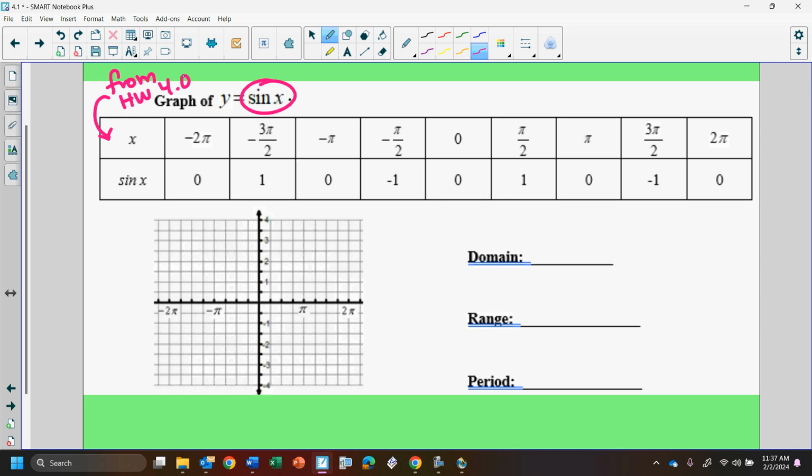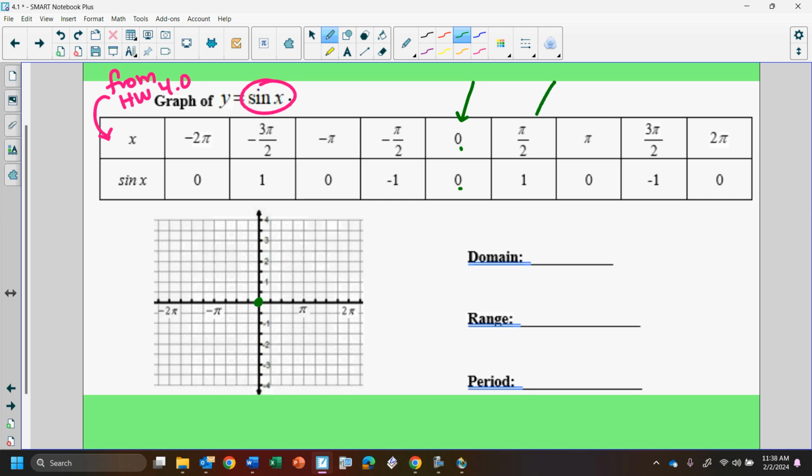The y values on the y-axis are going to be the answers I got for that, okay? So let's start here in the middle, because this is the easiest point in the world. 0, 0 is right on the origin. The x value, the angle, is 0. The sine of 0, the answer, is 0. So go ahead and put that point 0, 0.